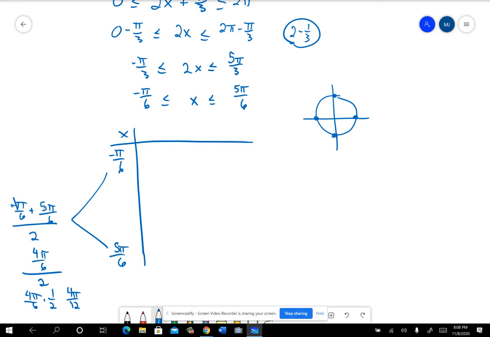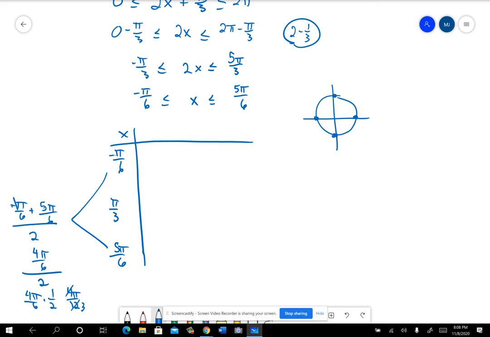When that simplifies, it's going to wind up being just pi over 3. Also, depending upon what the values are, you can sometimes see it if you're looking at a sheet of graph paper, or if you're looking at the unit circle and thinking about what would be halfway in between those two.